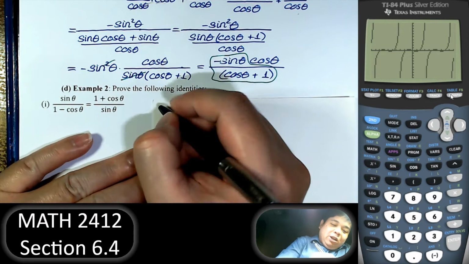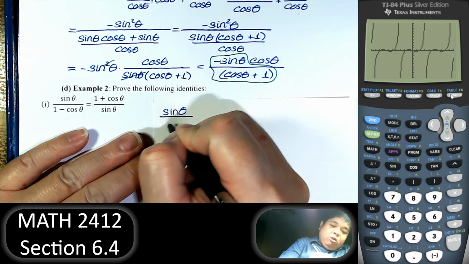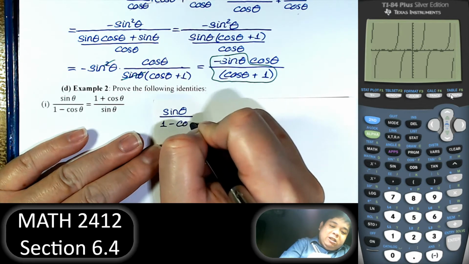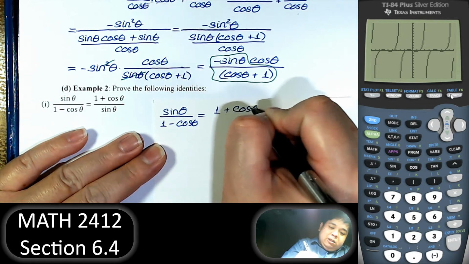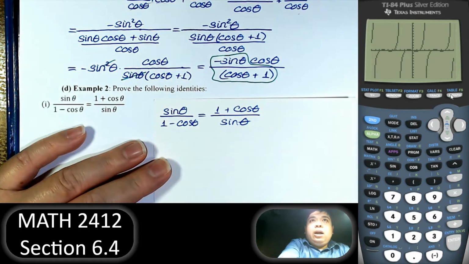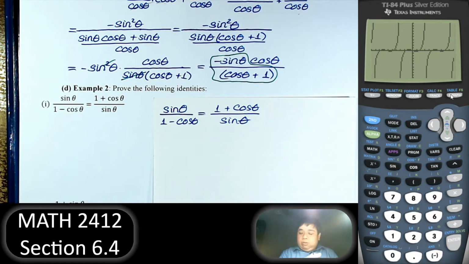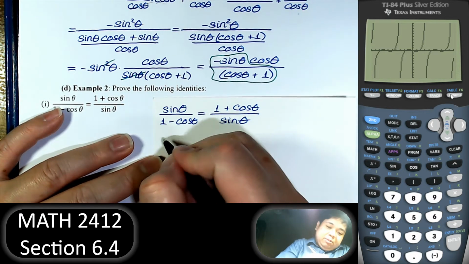Right, now notice that if we're going to write this, of course this is not a proof. I repeat, this is not a proof. Let's just try to cross multiply.